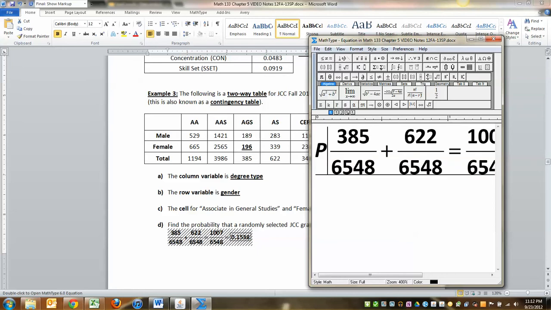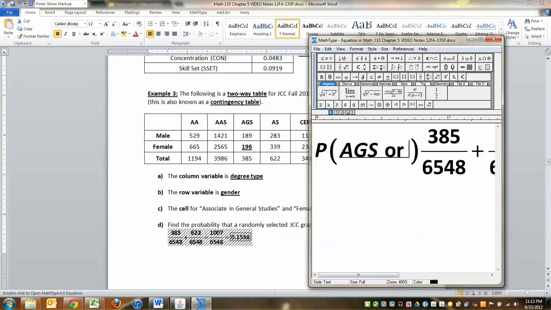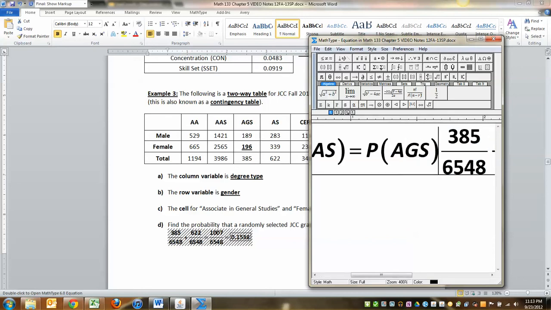I realize I should have written a little bit more here. So what I want is the probability of AGS or, and then what was the other one? Associate in science. And so then what I do is I find this probability of AGS and I add to it the probability of AS.